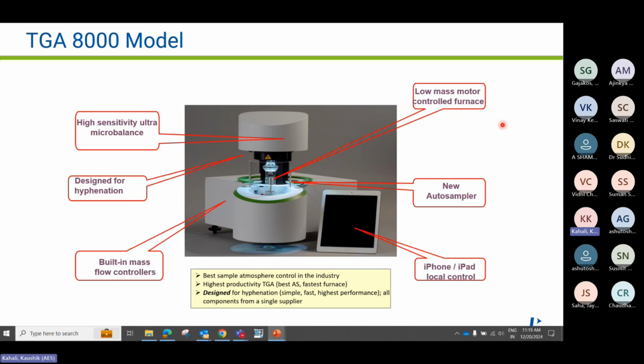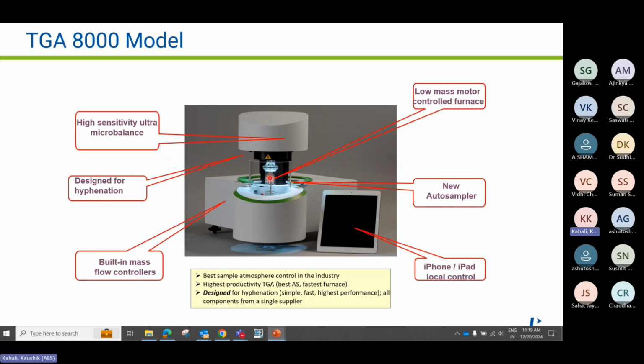Then we have this low mass motor controlled furnace. The furnace is motorized and operated by the software. You don't need to manually move the furnace up and down. All this movement is done using a stepper motor controlled by the software.